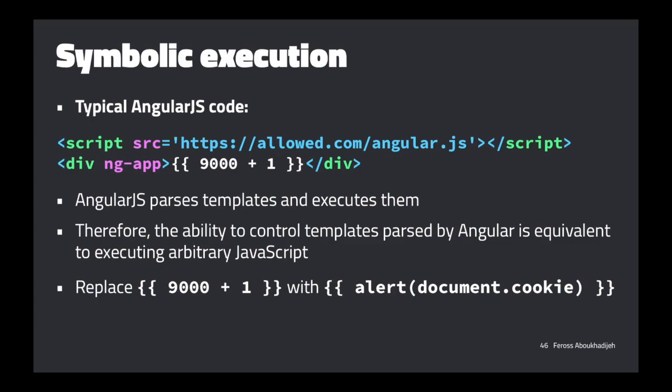The problem is that if an attacker can make divs in your page, which presumably they might be able to do because divs are not code, so you might let the attacker control some divs, and you let them put braces in the divs. Well, Angular is going to come along later and see these braces and think, I should execute that, right? And so now you've given the attacker, again, arbitrary JavaScript execution on your site. So to attack this, you would put some actual malicious code inside of the braces.